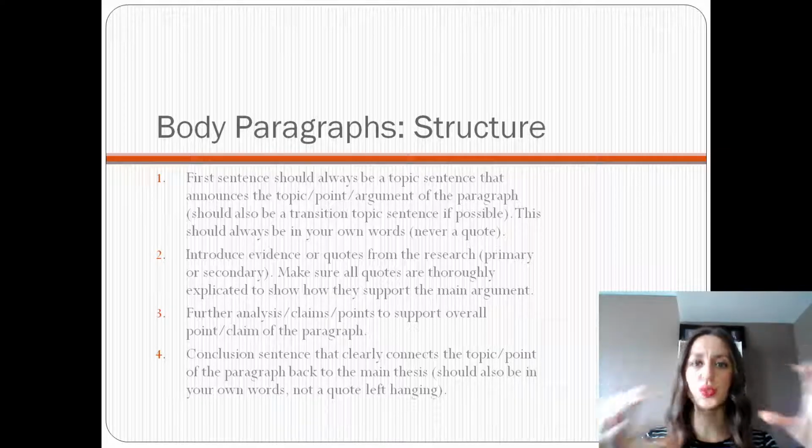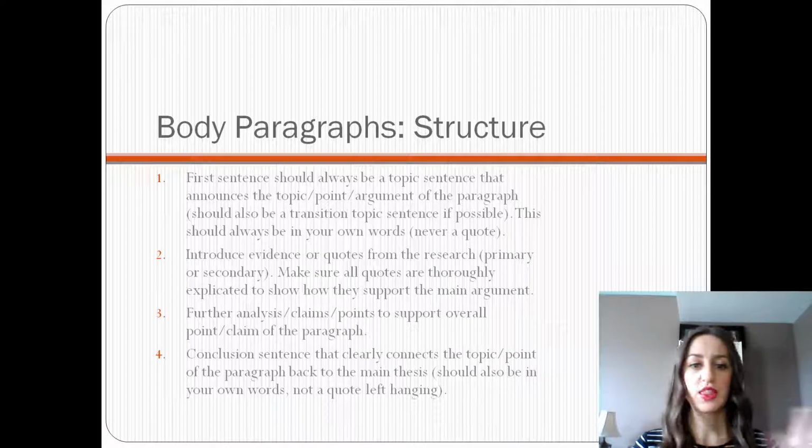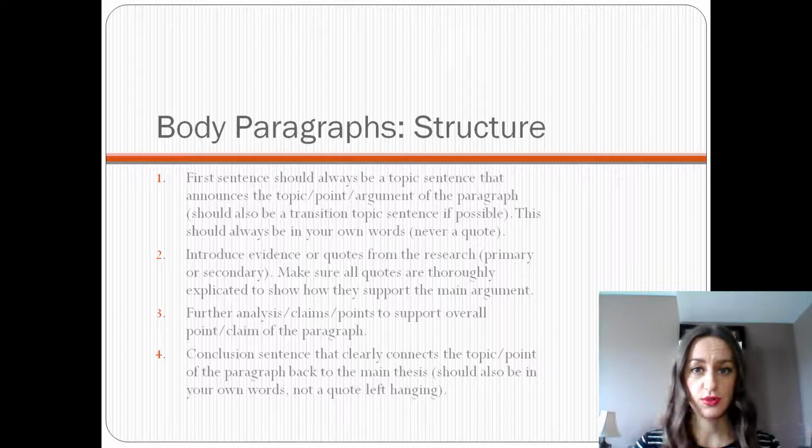So after your really good topic sentence, then introduce the evidence, the quotes, whatever it is from your research, primary or secondary research, that is supporting that point, that is developing that point. And then after you introduce your quotes, make sure that you explain them.